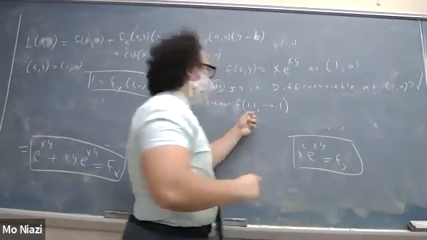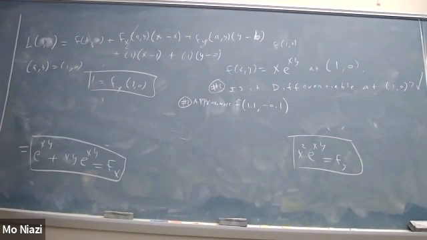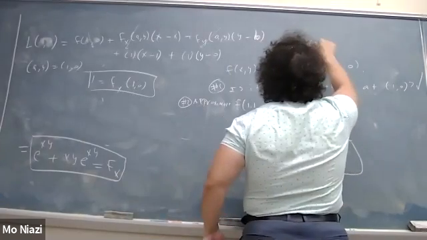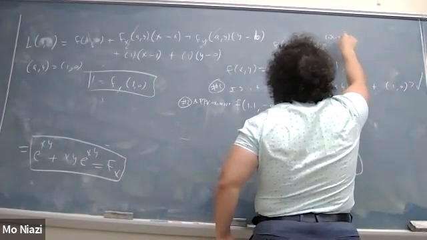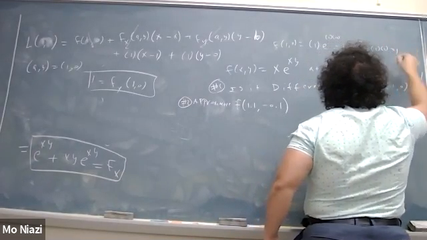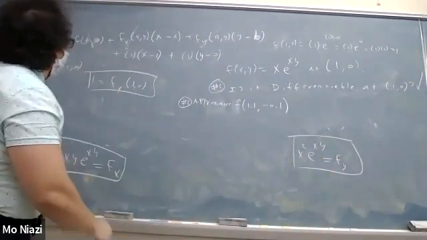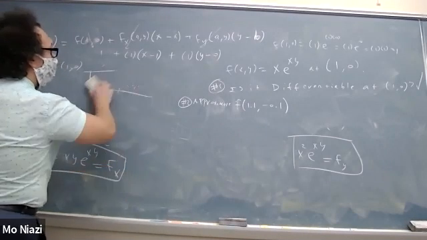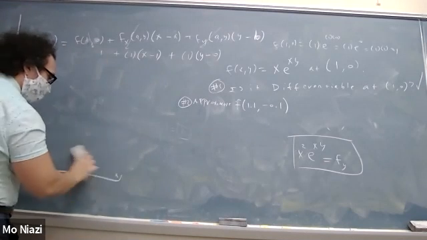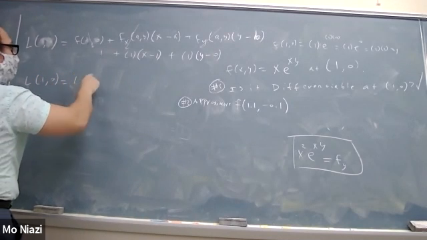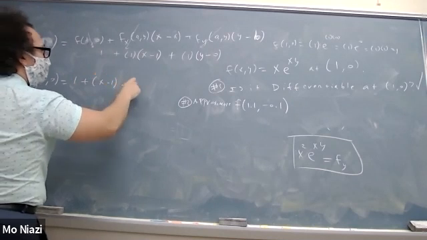Our task was to do it for this point, but we're doing it for the original point first. So this is a 1. So notice our equation then becomes, and I'm tired of seeing everything over here, L of 1, 0 becomes 1 plus x minus 1 plus y.